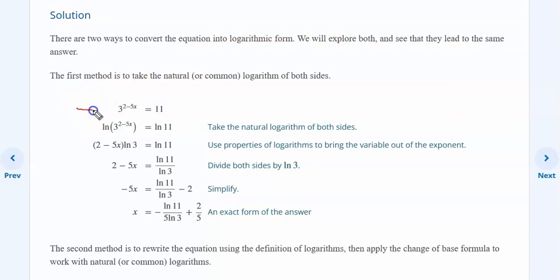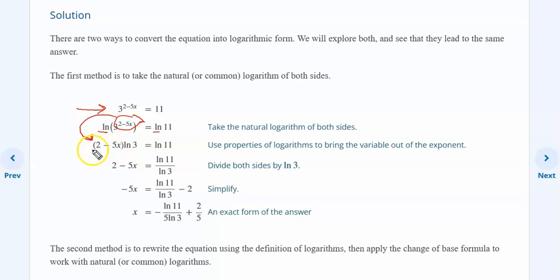So there is the initial equation. Notice this is in exponential form. Now, if you take the natural log of both sides, that's what they're doing here, natural log of this side, natural log of this side. When you do that, you can take your exponential portion and move it out in front. That's one of the rules that we've said.